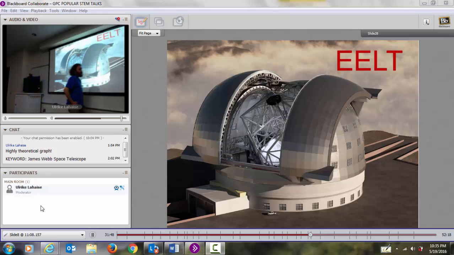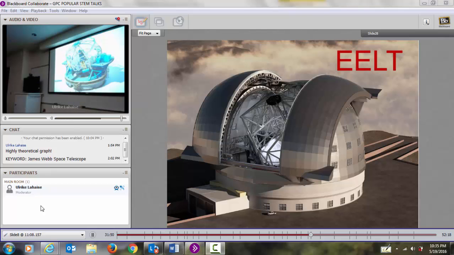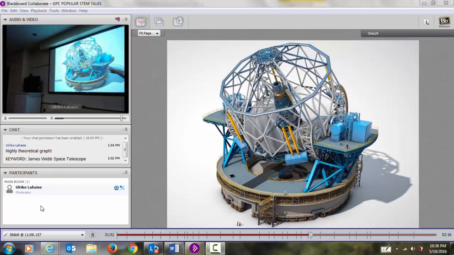But this is the telescope. See, these are people, and this is the mirror. It's a 39-meter optical telescope, which is way larger than any optical telescope that presently exists. By optical telescope, I mean this will view in the part of the spectrum that we can see, and further than that in other parts of the spectrum as well. But this is way more sensitive than telescopes that exist today.